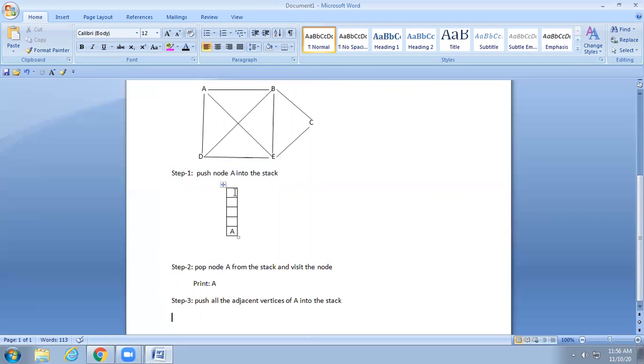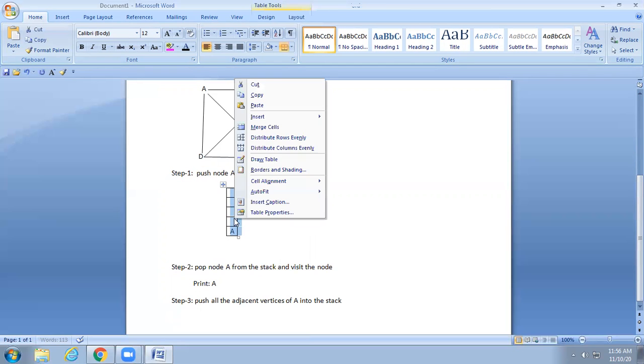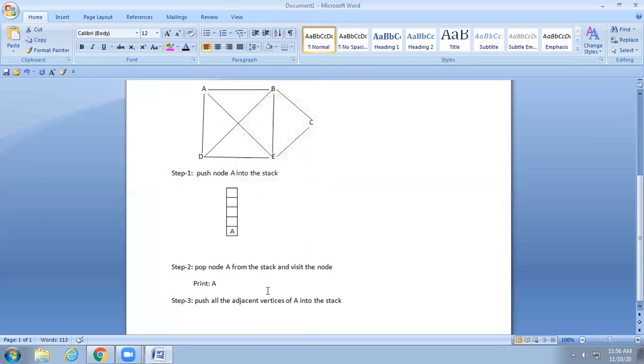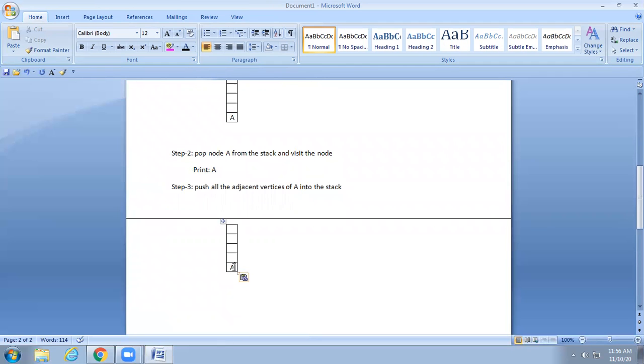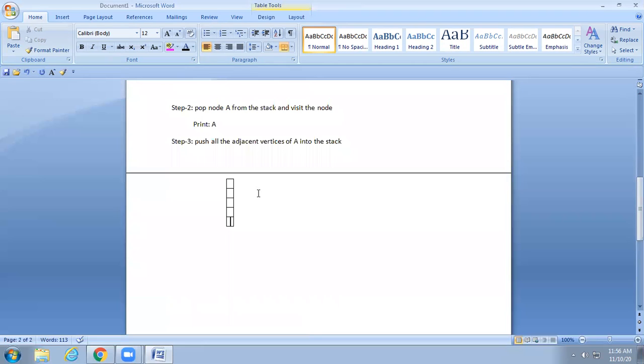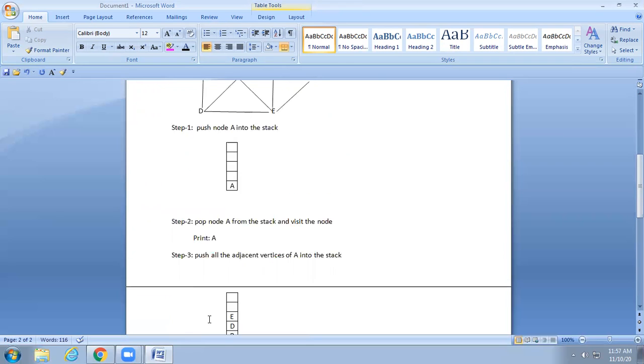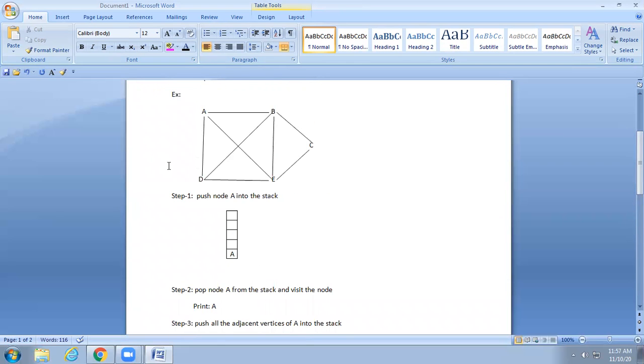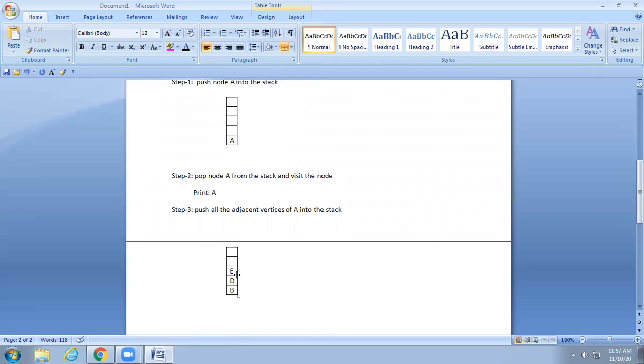The adjacent vertices of A are B, D, and E. So we push B, D, and E into the stack.